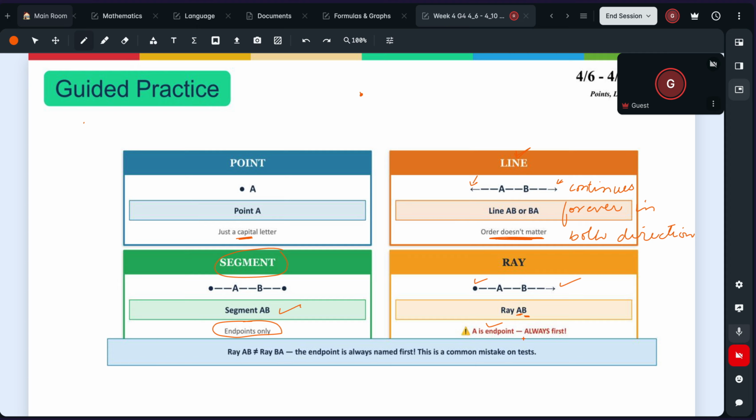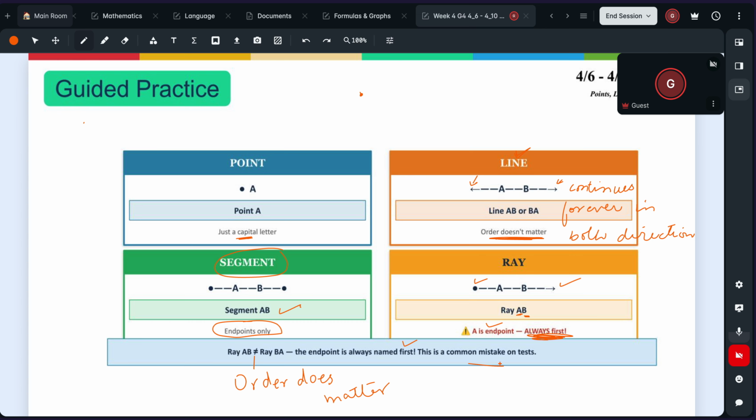A is the endpoint, so always first. Okay, ray AB is not equal to BA, which means that whenever we're writing about a ray, order does matter. The endpoint is always named first.